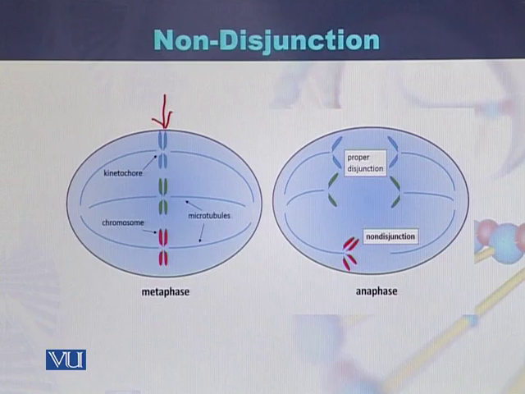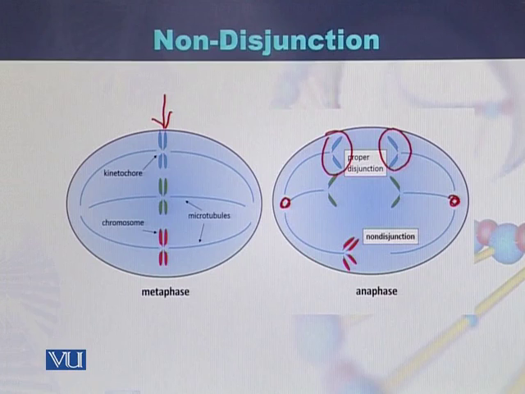In the case of proper disjunction, we can see that the chromosome is divided into two sister chromatids, one sister chromatid and a second sister chromatid, and each sister chromatid will move towards a pole, one pole and the second pole. On the lower side, we see that both the sister chromatids are moving toward one direction.